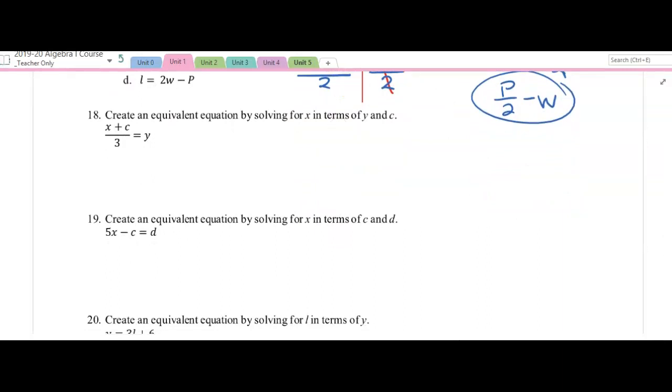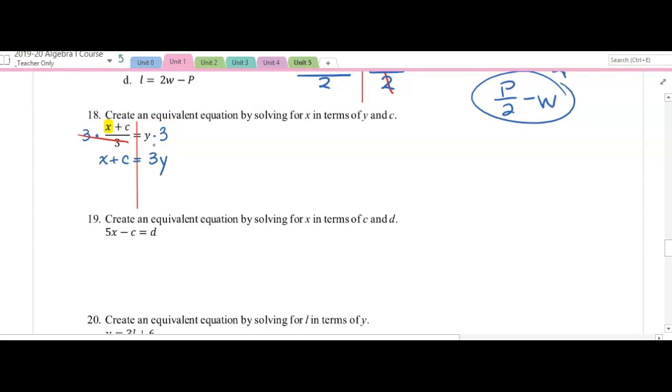Next, we want to solve for x. Draw a line down the center. The first thing I want to do is get rid of this divided by 3 by multiplying by 3 on both sides. On the left, they cancel out, and I have x plus c equals 3y, because y times 3 is 3y.